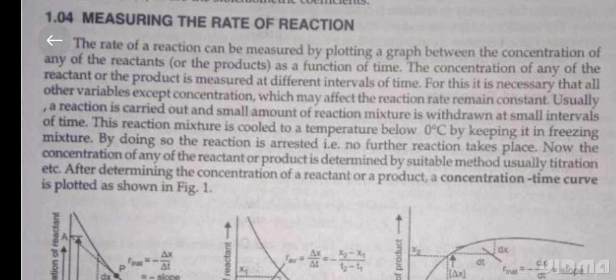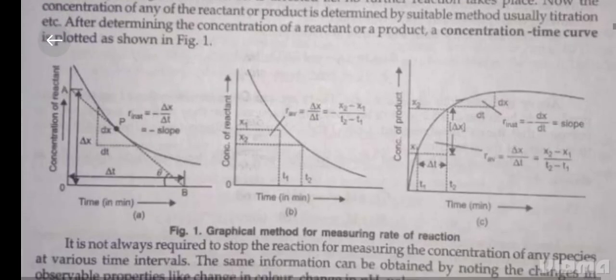This reaction mixture is cooled to a temperature below 0 degrees Celsius by keeping it in a freezing mixture. By doing so, the reaction is arrested and no further reaction takes place. Now, the concentration of any of the reactant or product is determined by a suitable method, usually titration. After determining the concentration, a concentration-time curve is plotted.